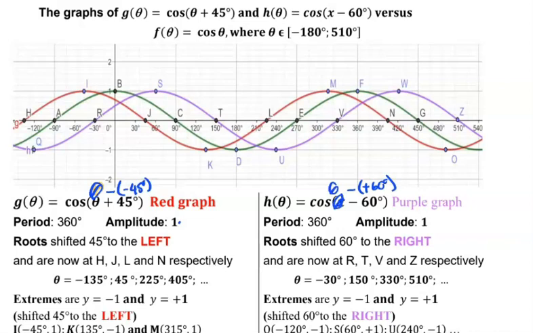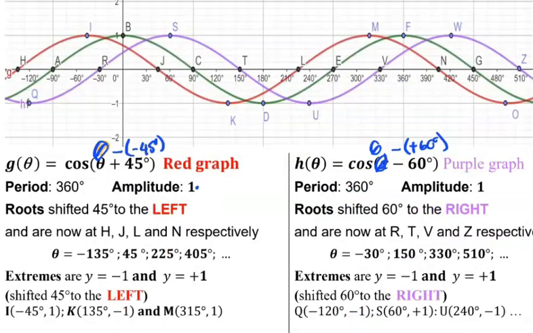And because of the grids here, you can read off the roots, and you can read off where you find the extremes, or you can remember what the original extremes were from the regular graph or the mother graph, and just get it in the one case 45 degrees to the left, in the other case 60 degrees to the right.